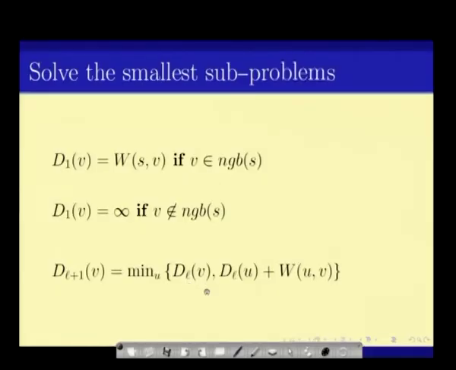The first option is that it is the shortest path from S to V using not L plus 1, but just L steps. So, here we have d_L(v), the shortest path from S to V using L steps.